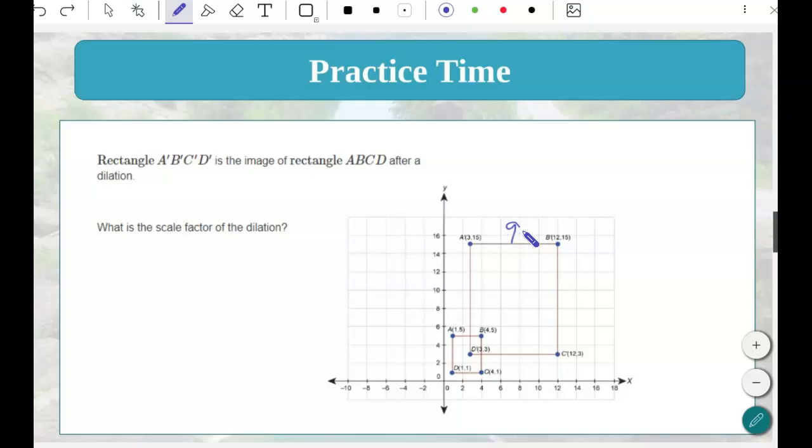And on the other one, it corresponds with a B. It goes from 1 over to 4, so that's 3. And that's our new one. So new over old for our scale factor. The new is 3, the old is 9, so the scale factor is 1/3. And the new object is definitely smaller, so the dilation is smaller.